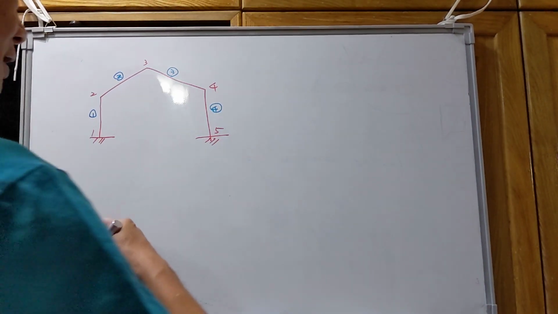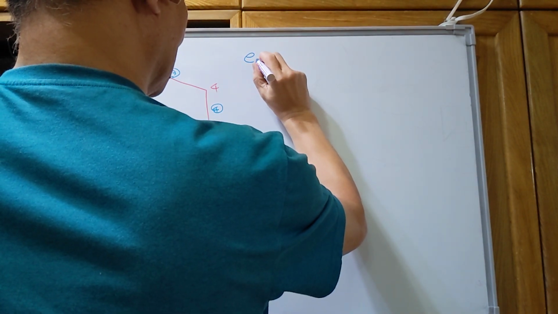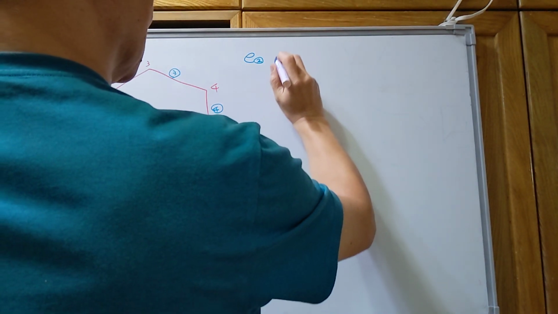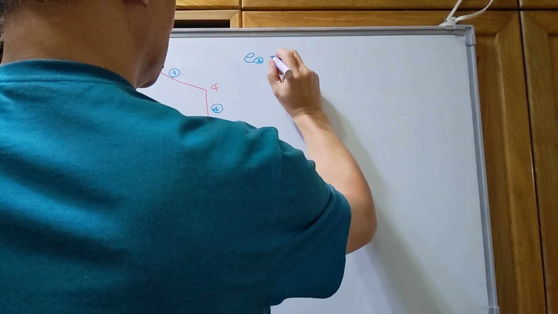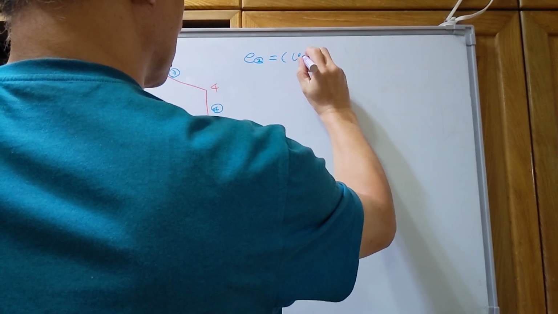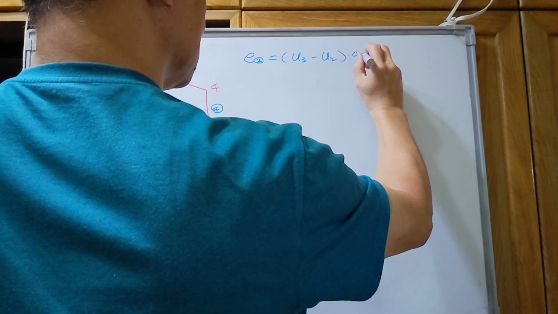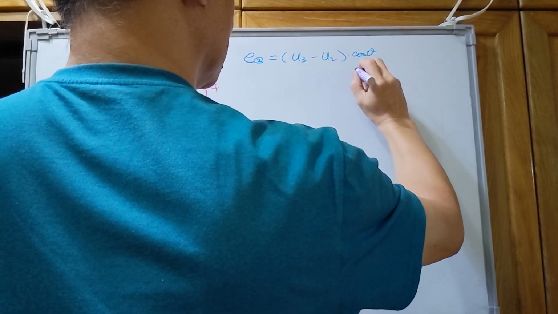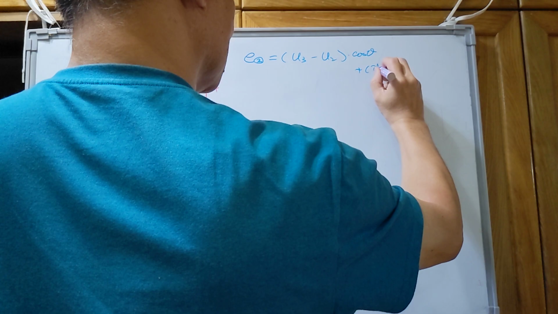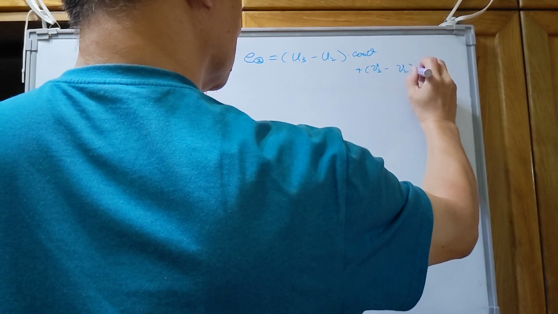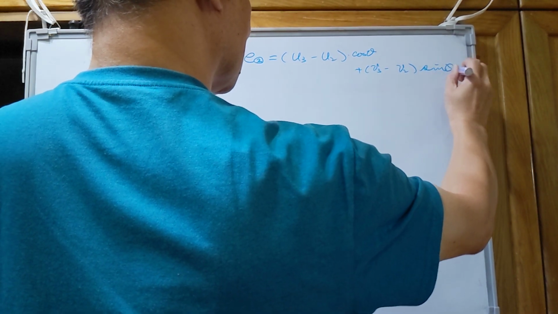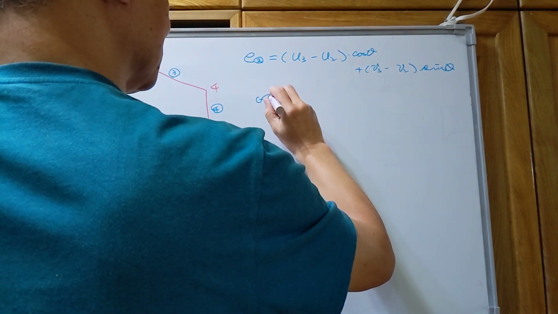For example, if we would like to calculate the elongation of element 2, then it will be u3 minus u2 times cosine theta plus v3 minus v2 times sine theta.